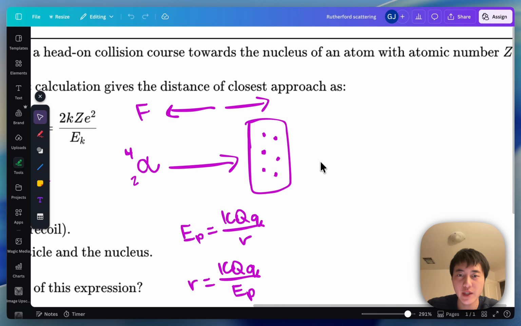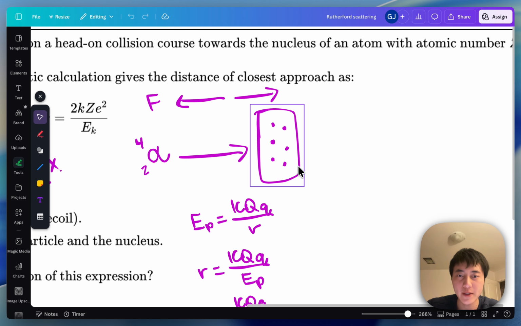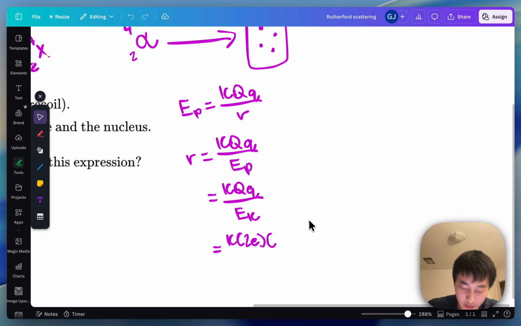It might be gold, as in Rutherford's experiment, but it might be whatever else. We put Z because it's the number of protons, and each proton has an elementary charge, so it's also Z times elementary charge. And this is all divided by E_K, the kinetic energy.